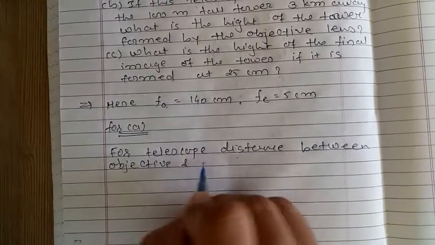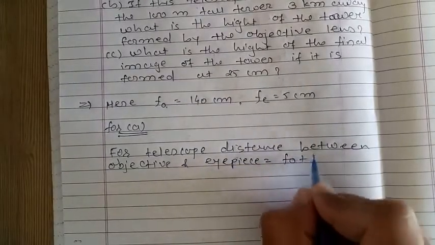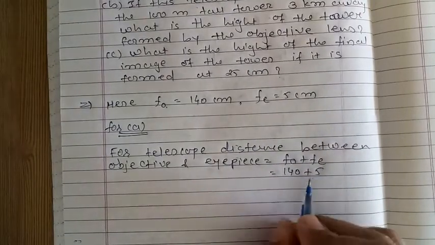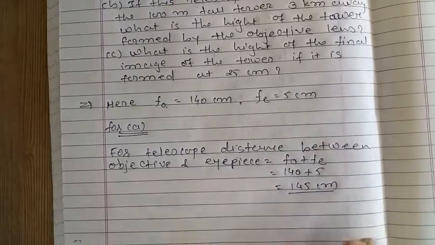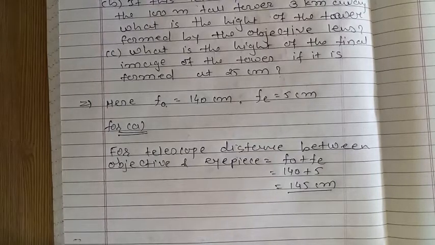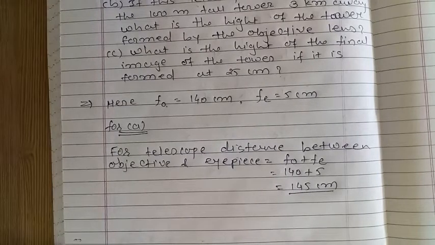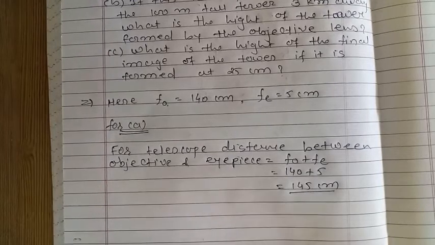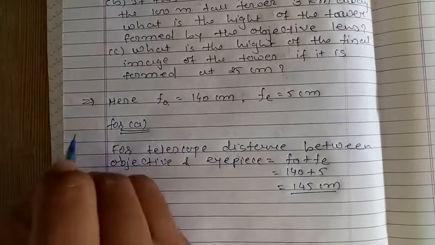So FO 140 plus FE 5. So total distance between objective and eyepiece for telescope is 145 centimeter. Okay, so this is our first case. We have to find out the separation between objective and eyepiece. So we know the formula FO plus FE, right?